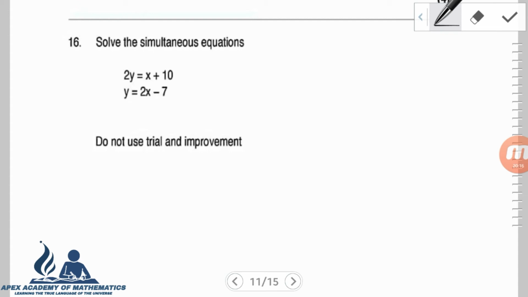All right, so for this question, guys, it's not set up like a usual simultaneous equation. Apparently the question has been transposed to look a little bit different. All right, so let's dissect this question here. This question is tempting me to use the substitution method.